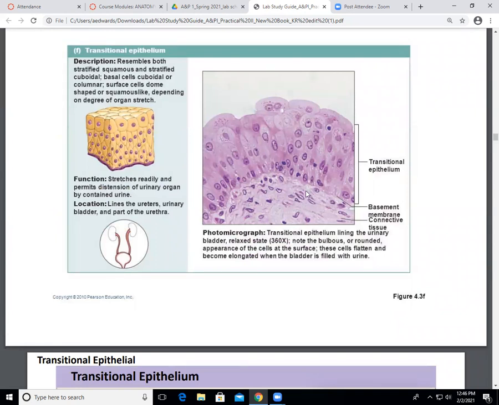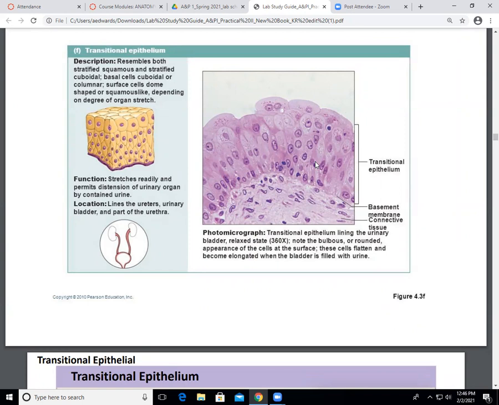Transitional epithelium. This one, to me, looks like bubbles and pillows kind of thing. And it should, because it lines your urinary bladder. Sometimes your bladder's empty, and sometimes your bladder's full, right? And the cells in your urinary bladder have to be able to deal with the stress of that.